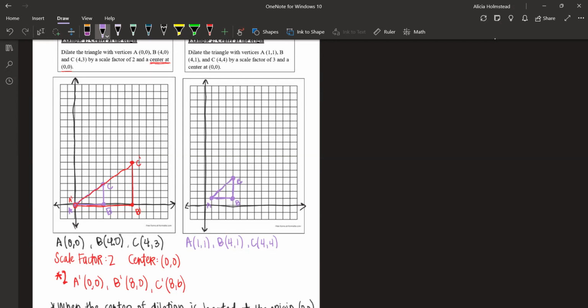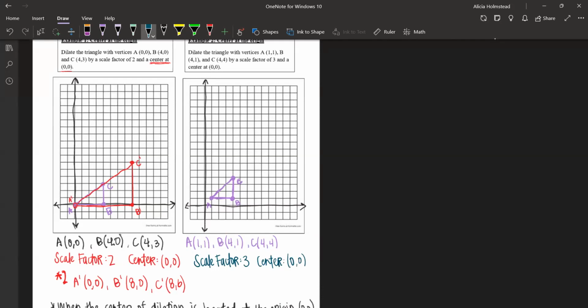Okay, and then to figure out the dilation, we need to know the scale factor and the center. Maybe I'll do this in a different color. We've got a scale factor of 3, and the center is again at the origin.